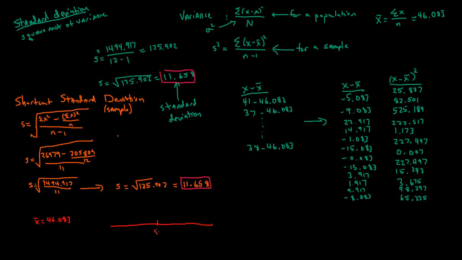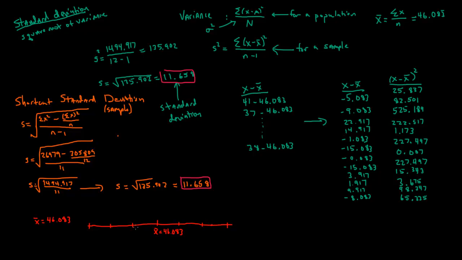So if I add 3 standard deviations, okay, if I draw a number line here, X bar is there in the middle. Let's say X bar equals 46.083. Let's make this a little bit bigger. Let's say there's 1 standard deviation, 2 standard deviations, and 3 standard deviations to the left, then 1, 2, 3 to the right.